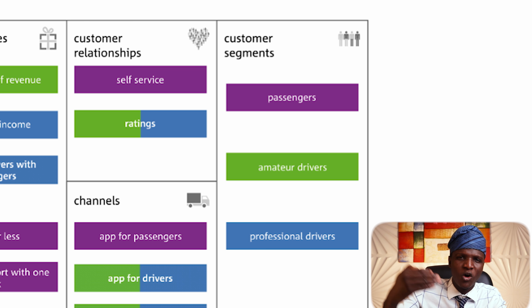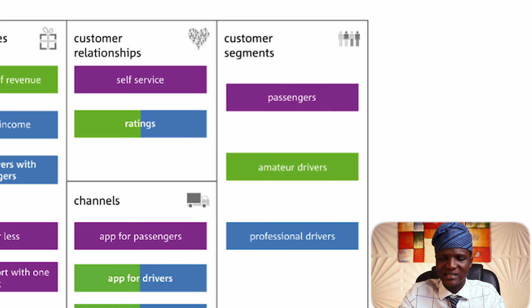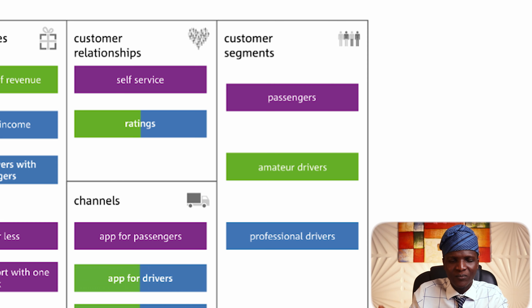They are making money off the drivers, and at the same time, they are making money off the passengers. So the 3 of them are their customers. You will notice that Uber will run advertisements to look for drivers in a particular city, and they also run advertisements to tell passengers that they are now available in your city. So you need to understand all these things. You need to know how it works.